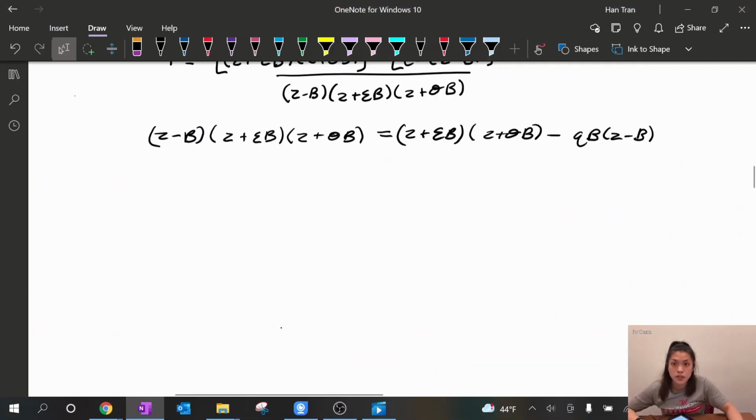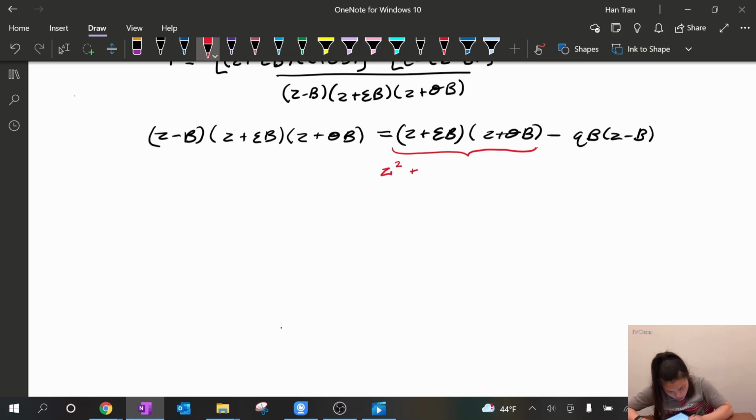So now we are going to expand out our equations. Let's just start by expanding this group here. And so this is going to be compressibility factor squared plus sigma times beta times compressibility factor plus epsilon times beta times compressibility factor plus epsilon times sigma times beta squared.